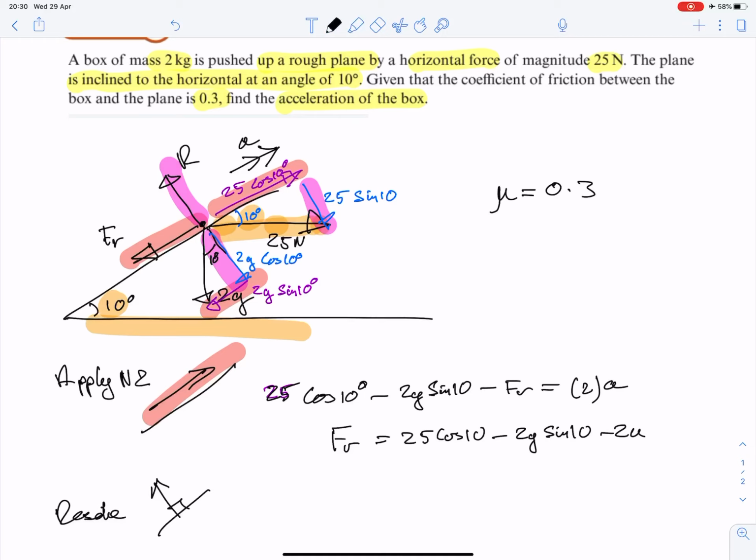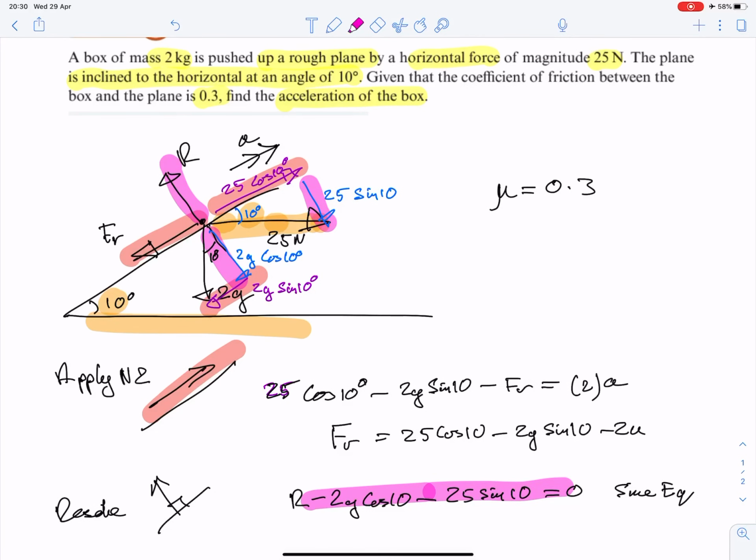So resolving perpendicular to the plane, we've got R minus 2g cos of 10, because that's down, and minus 25 sine of 10 will equal 0, since it's in equilibrium in that direction. So that was lifting out the highlighted bits.